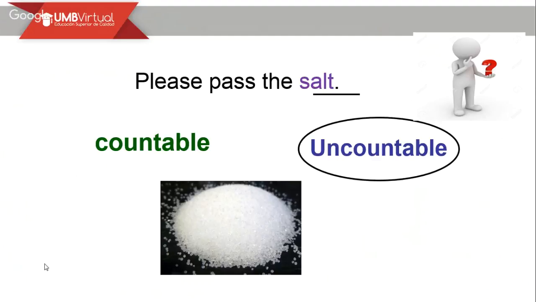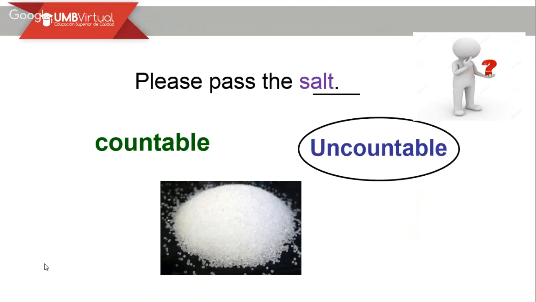Why? Because when we are referring to rice, salt, sugar, those are quantities that we are not going to count by themselves. We need a measure that says, okay, this one is the quantity, or the quantifier according to this subject.